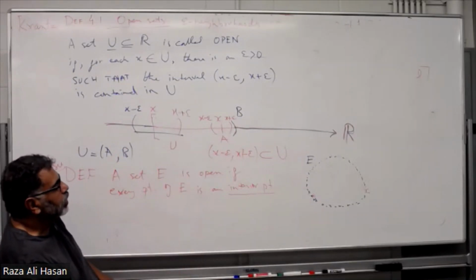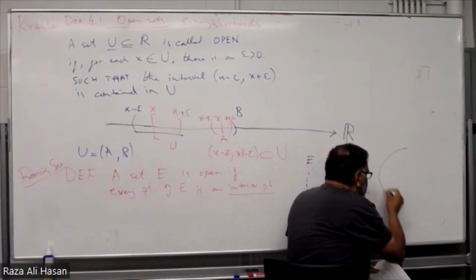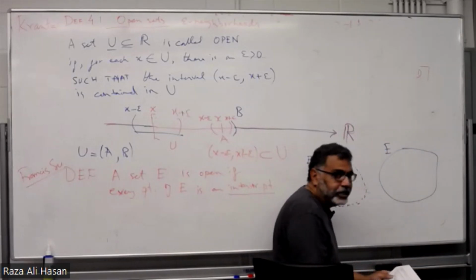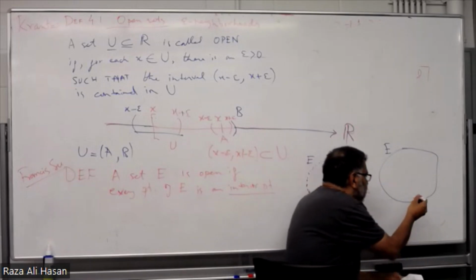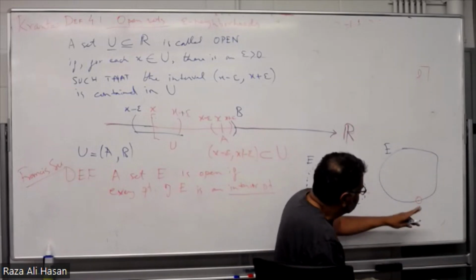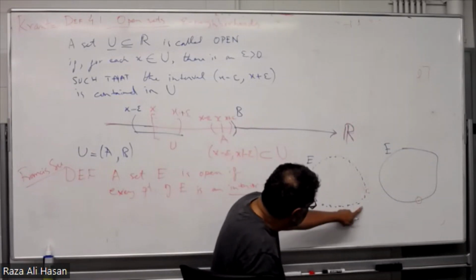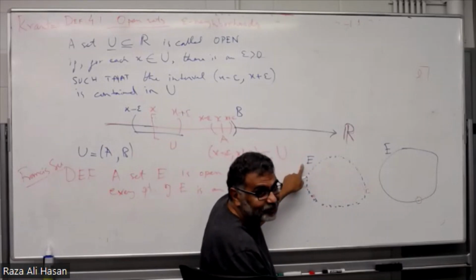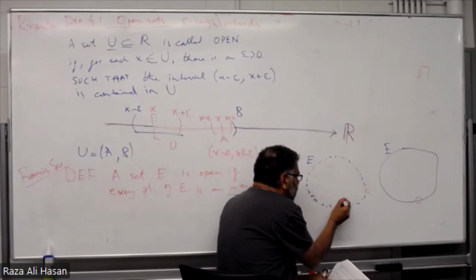And now if this was not an open set, if it looked like this, E, then every point in E better have a neighborhood that's contained in E. Then you run into this trouble: exterior points are coming in. This is not an interior point, because these boundary points are in fact not elements of E. The only elements of E are the points in red.